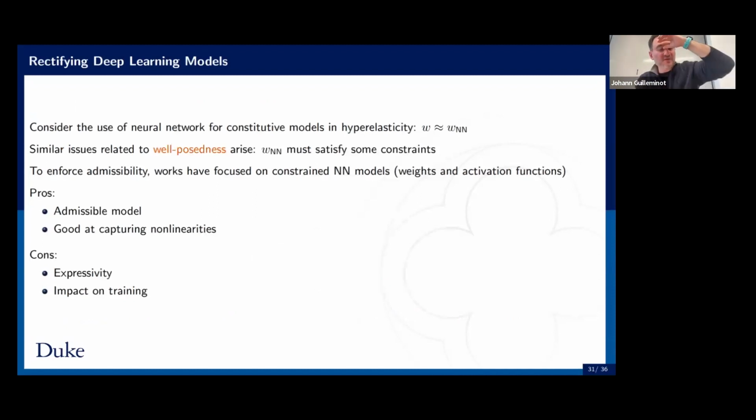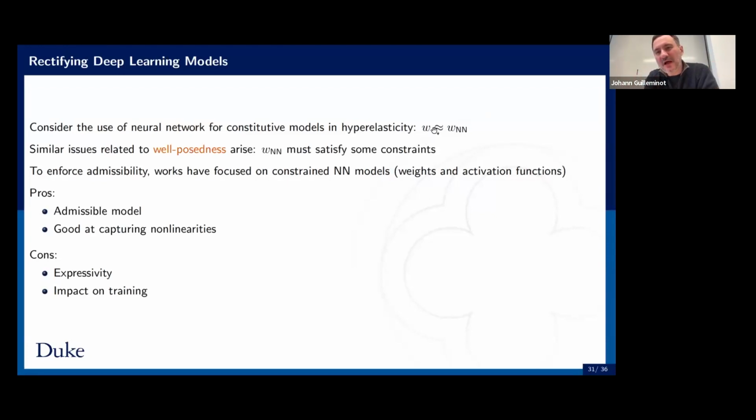The other thing I'd like to introduce very briefly is when you are trying to do deep learning to model materials. There is this huge push to have everything data driven. And if you look at how the hyperelastic response looks, the basic idea would be, well, I could train a neural network to do that.